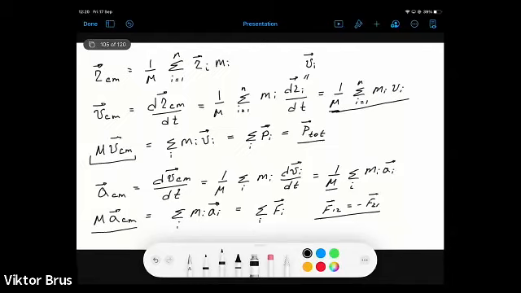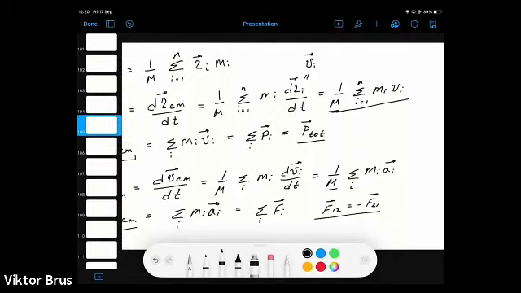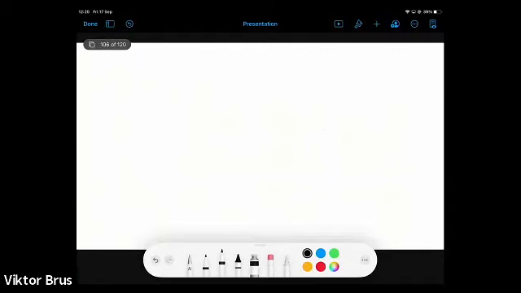So that's why, taking into account this third law of motion, we can write that the product of the total mass of the system and the acceleration vector of the center of mass will be equal to the sum of all external forces which act on this system of many bodies.